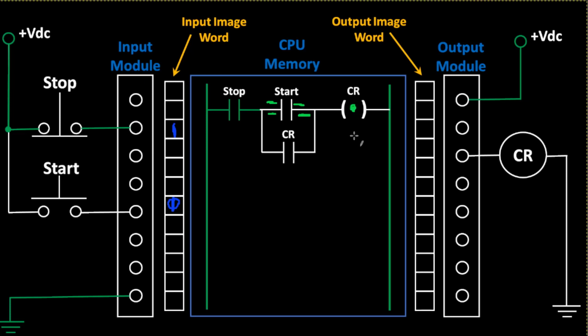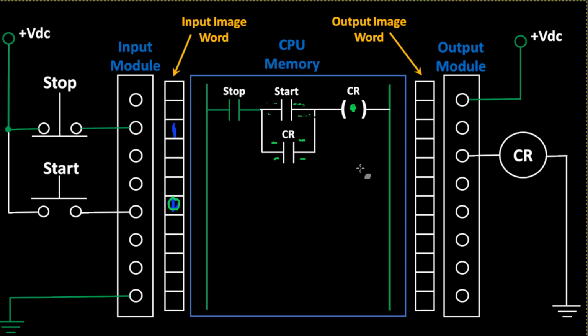CR closes. CR's contacts close. And when you release the start button and this goes back to a 0, the start button opens, but I will still have power flow through the CR contacts. I hope that explains to you how it interacts.